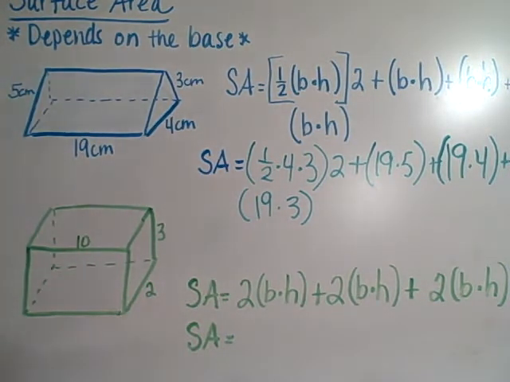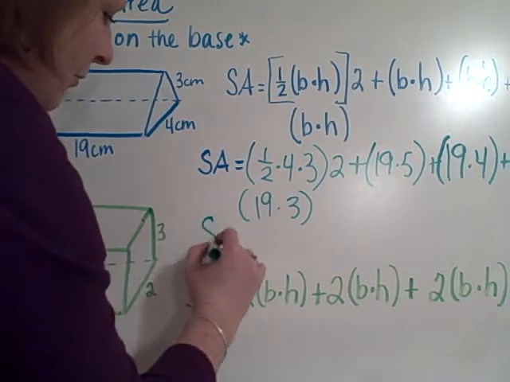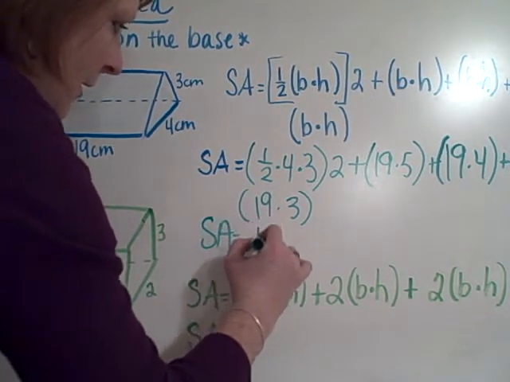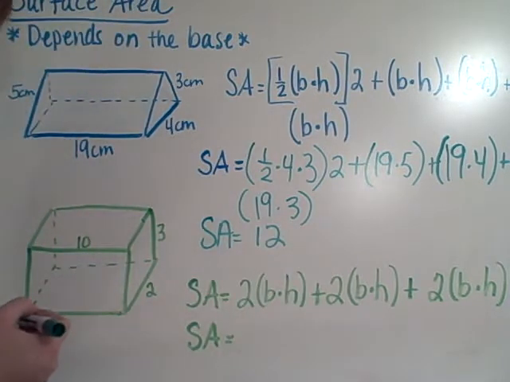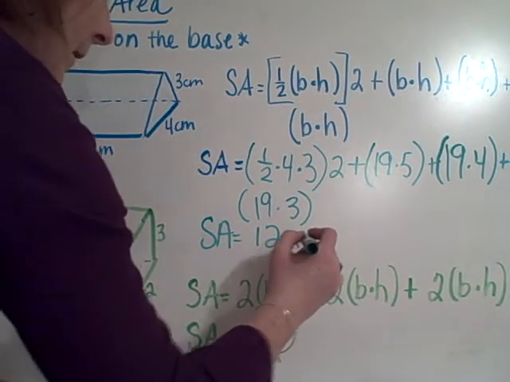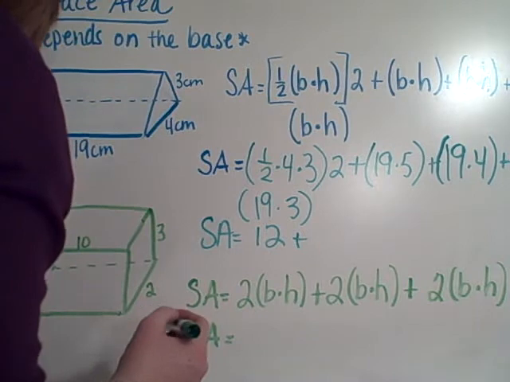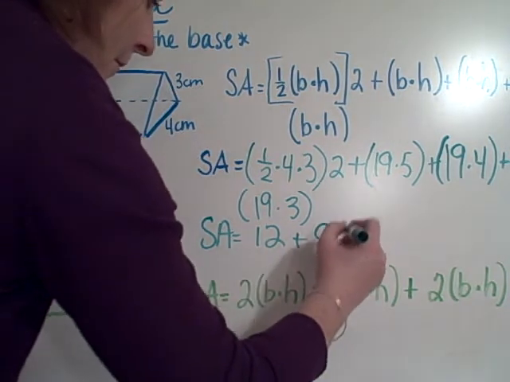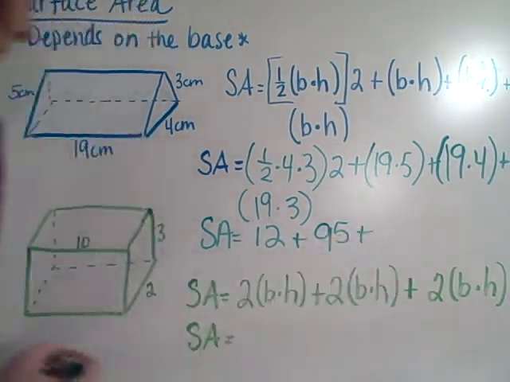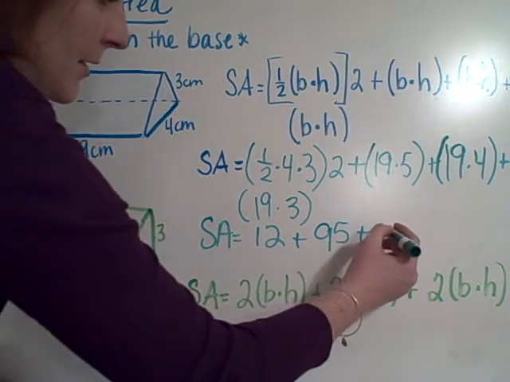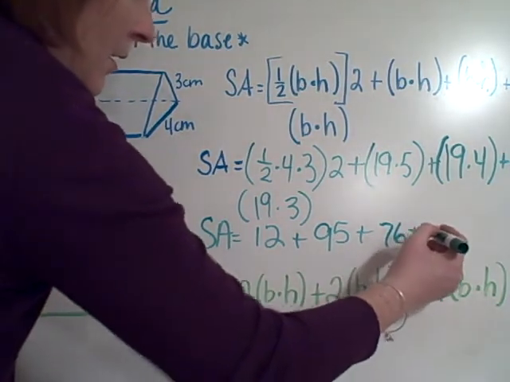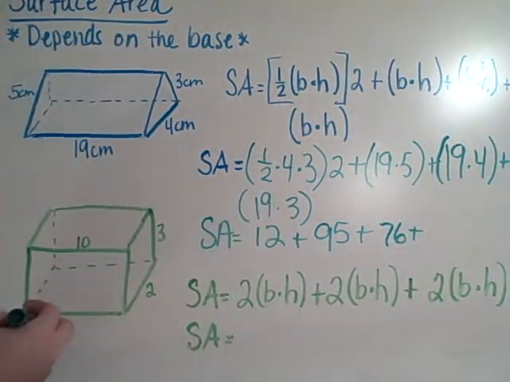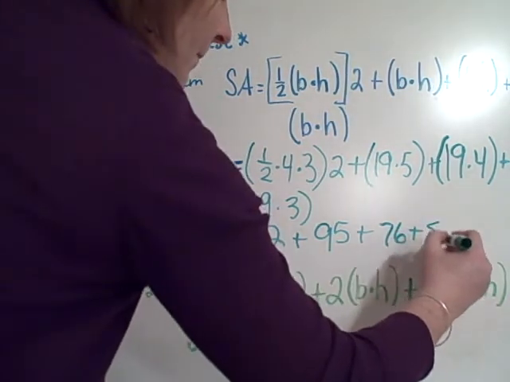So if I look at the first part where I have 1/2 times 4 times 3 times 2, that actually ends up being, let me rewrite my surface area, 12 plus, and then I will have 95 plus 19 times 4, which is 76, plus the 19 times 3, which is 57.